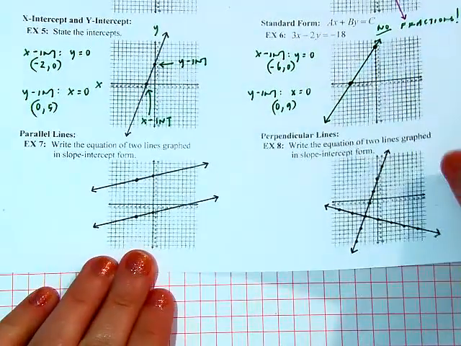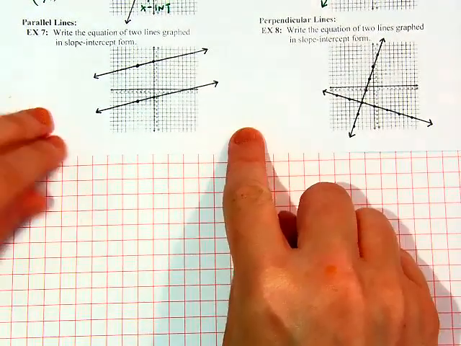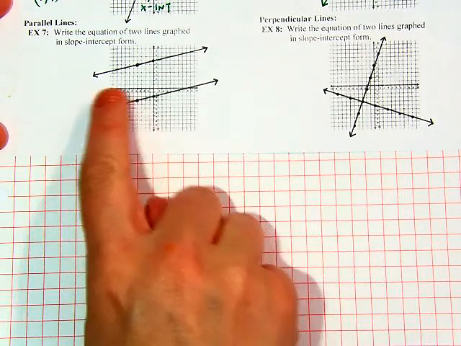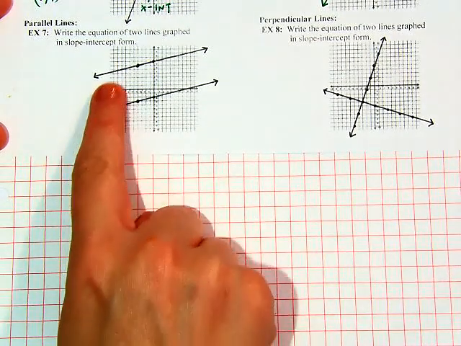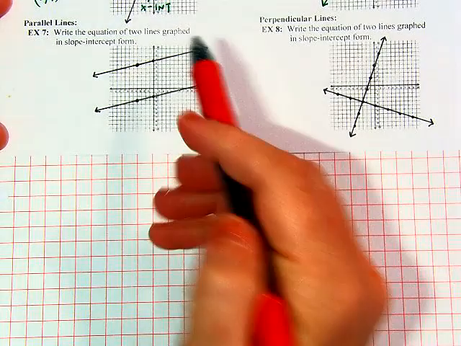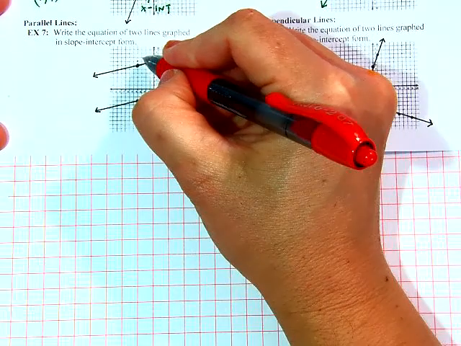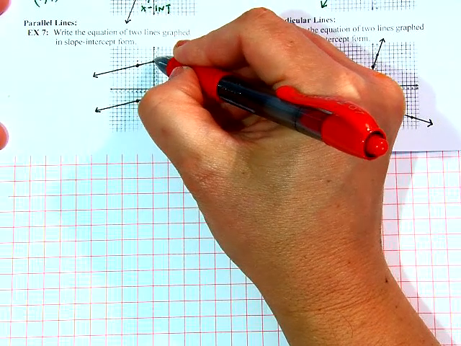Okay, last two, just going over parallel versus perpendicular. So for parallel, here, I'm saying write the equation of the two lines graphed in slope-intercept form. So if I look at this one right here, I can see that my rise is 1 unit and my run is 4.